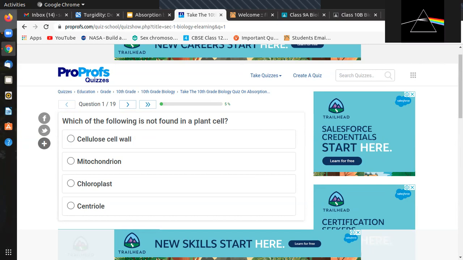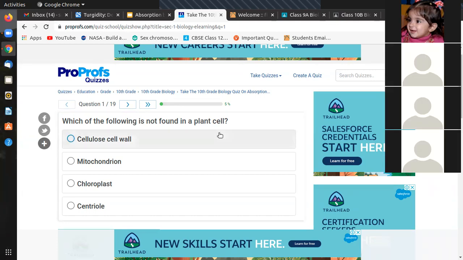Centriole. So cellulose cell wall is the characteristic feature of the plant cell. Mitochondria has to be there because it will produce energy. Chloroplast, again, the plant cell will require it for the chlorophyll pigment, the main requirement for plants to carry out photosynthesis.